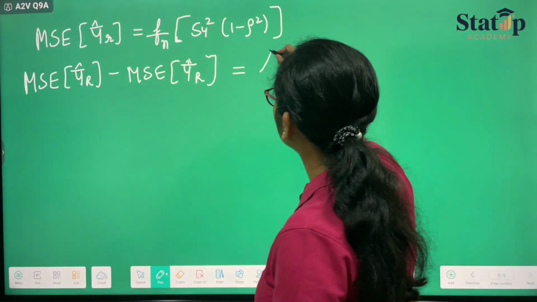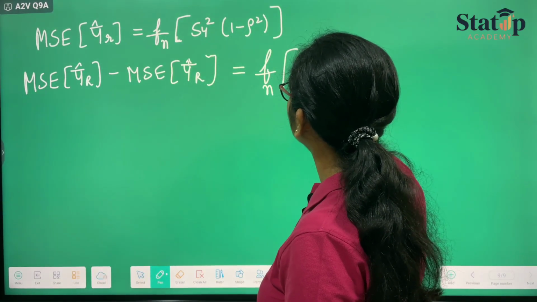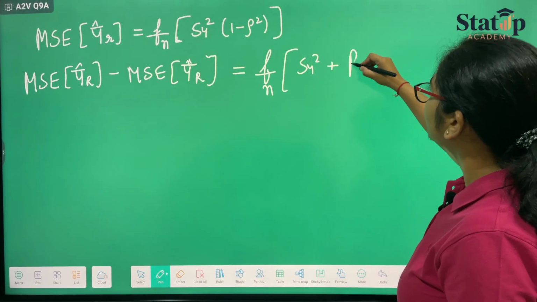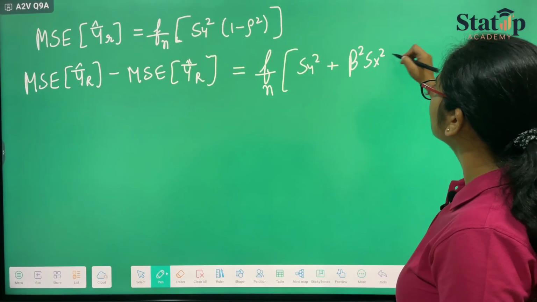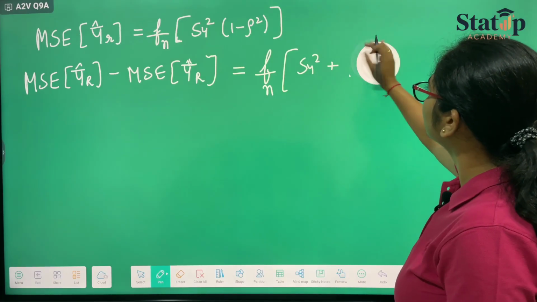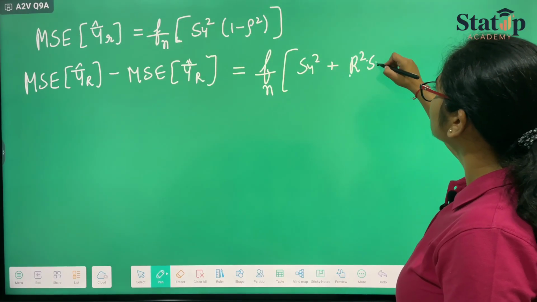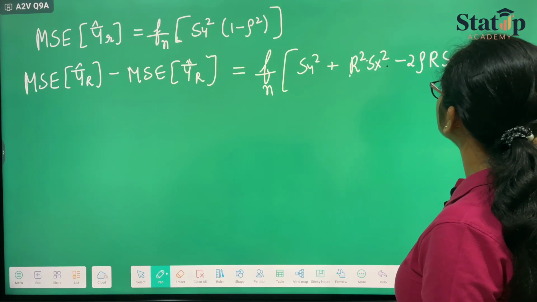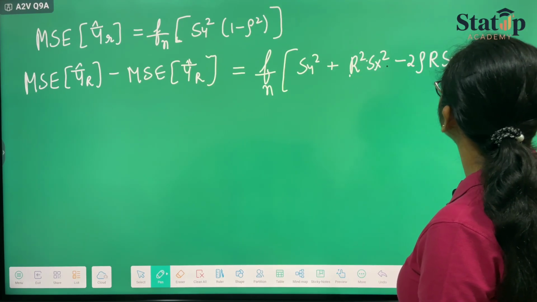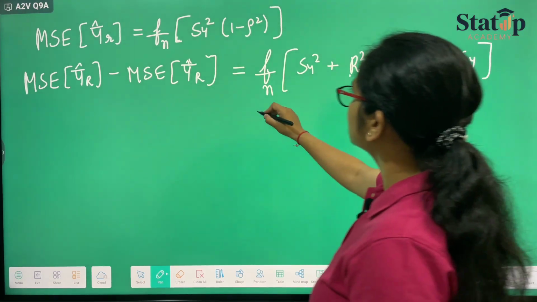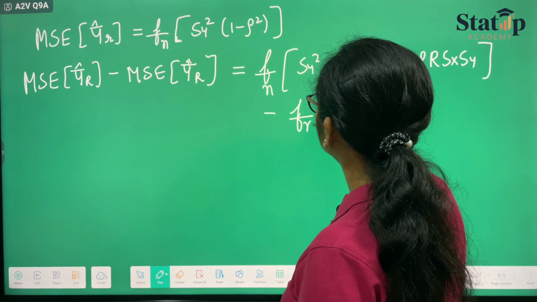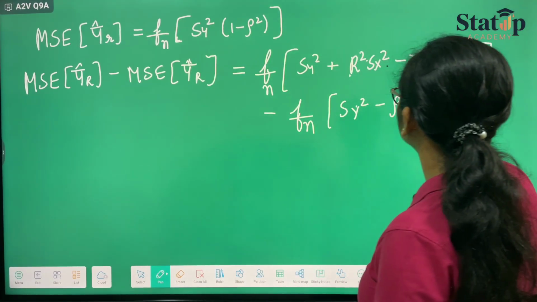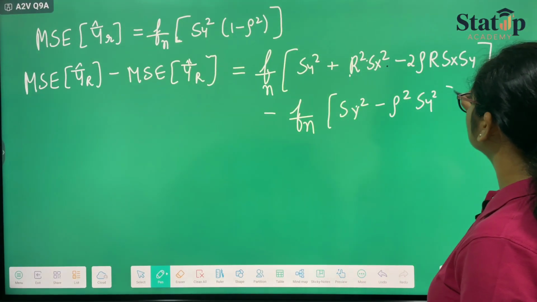It will be f by n into Sy square plus beta square Sx square, not beta square, it will be R square Sx square minus 2 rho R Sx Sy, minus f by n into Sy square minus rho square Sy square.